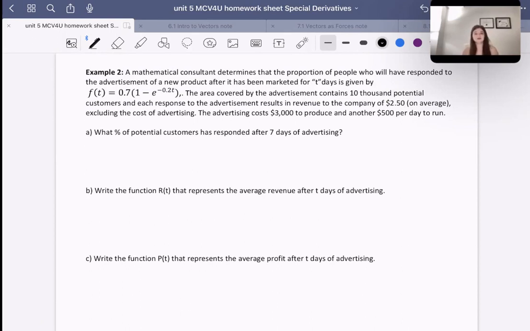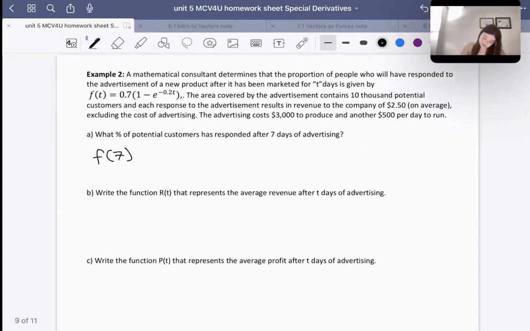So, the first question is very straightforward. All it asks is what percentage of potential customers have responded after 7 days of advertising. So, we need to do F of 7 to find that, right? Because T is the number of days given, and here it's 7, right? And F of T represents the proportion, so it's going to represent the decimal number. So we'll just have to change it to percentage in order to find the answer.